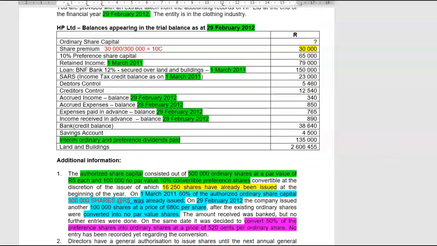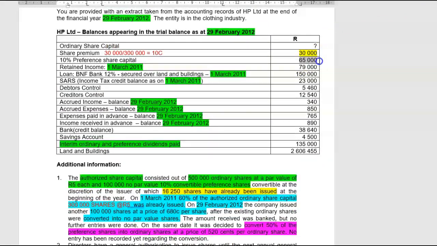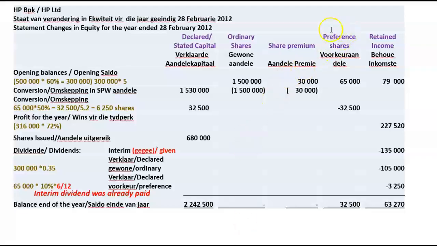So that means that this balance of 65,000 Rand of 10% preference capital was our opening balance, because the only thing that happened to preference shares was that there was a conversion of 50% of those shares into ordinary shares, and there was no entry as yet. So therefore that must be the opening balance. So 65,000, preference share capital 65,000.